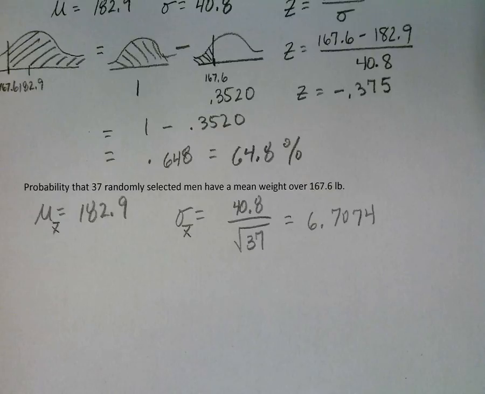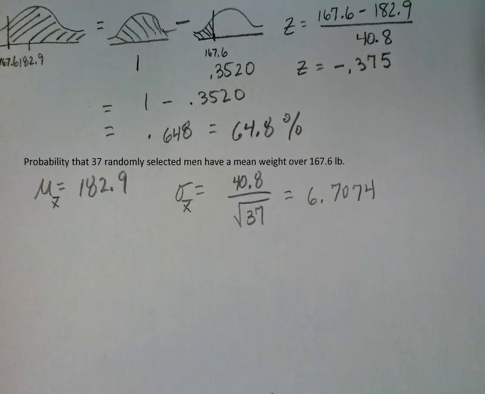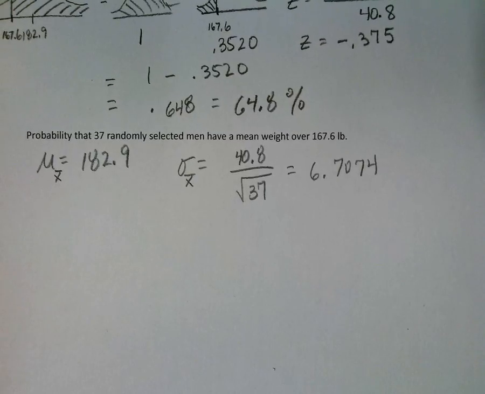We're trying to find the probability that if we select 37 random men, the mean weight of those 37 men is greater than 167.6 pounds. Once again, we've got our mean and our standard deviation. This is also not standardized, right? Our mean is not 0, standard deviation is not 1.